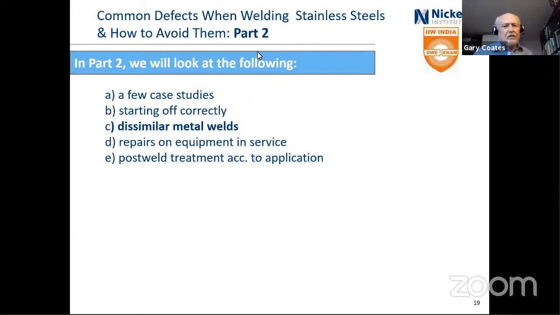Somebody was asking about my case studies 1 and 2 with the defects there, whether radiography was done. There are a lot of cases where it is not done. One of them was in a pulp and paper mill. There was no real code, it wasn't a pressure vessel code there.